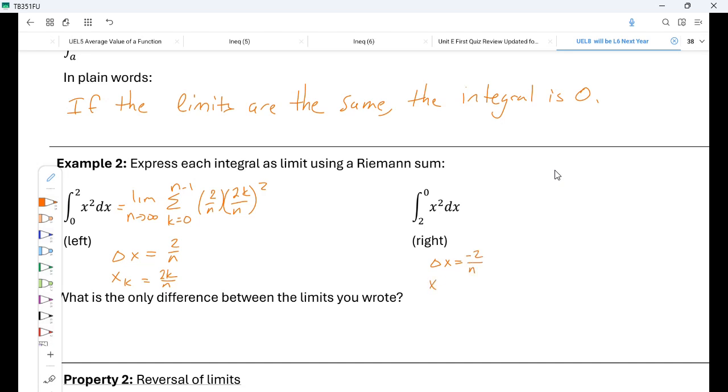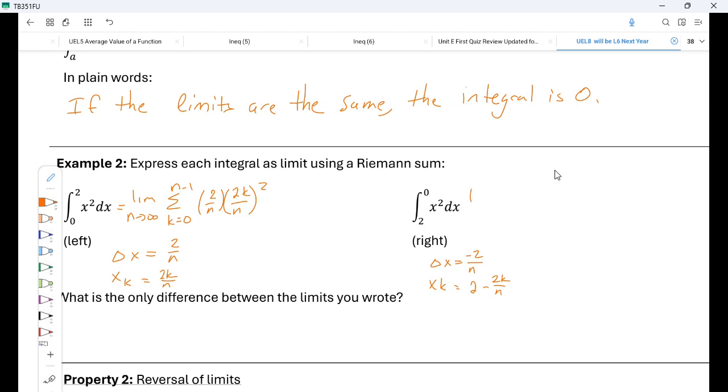And our x sub k is 2 minus 2k over n. So it's a plus delta x k. Oh, I'm sorry, I thought you just said plus. You had the right answer in the end. I just misinterpreted what you said.